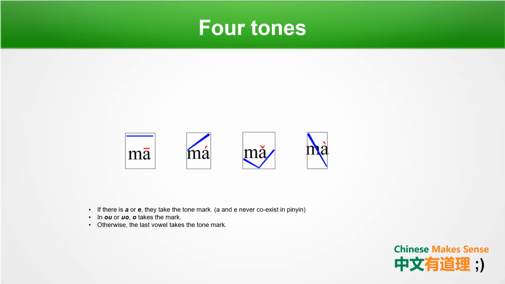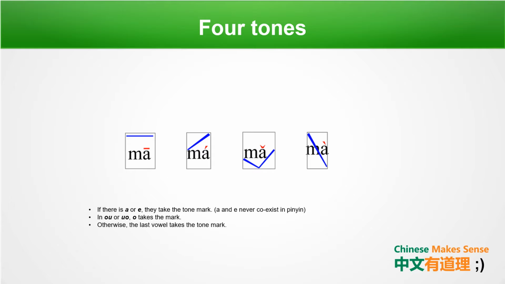There are 4 different tones in Chinese, as we mentioned in the second video. One goes straight, one goes up, one goes down and back up, and one goes down. Here they are. Ma, ma, ma, and ma.